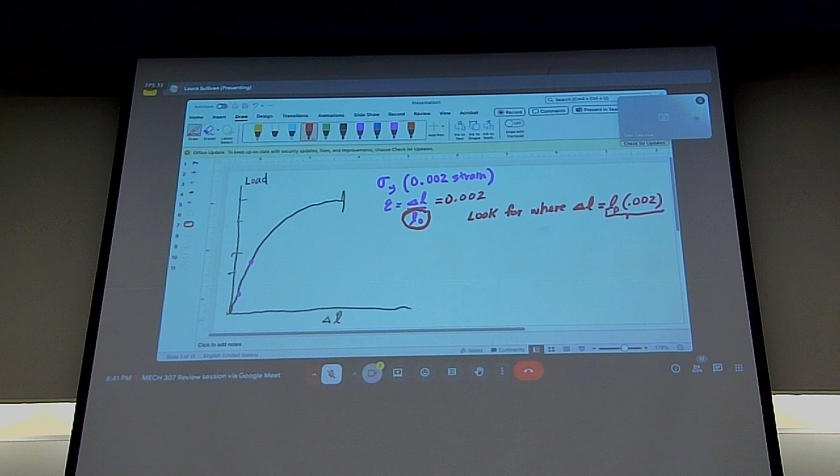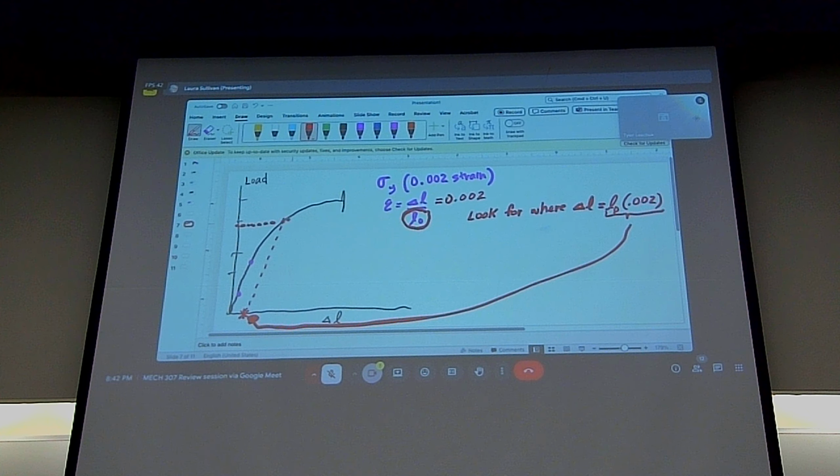And then you go on the delta L axis and you find that value, wherever it is, you mark it on your x-axis. And then you do just like you would if this was a stress-strain graph. Draw a line with the same slope, and determine at what load that crosses.